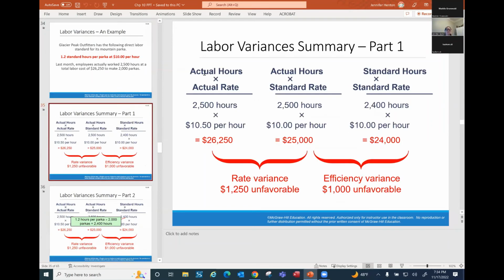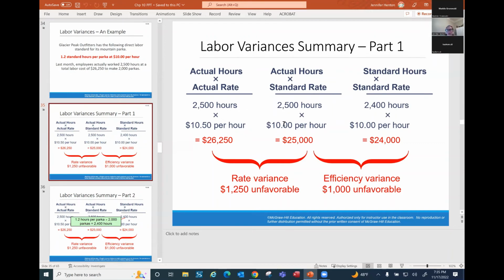All right, so what was my actual hours? They told me the actual hours was 2,500. What was the actual rate? We had a rate of $10.50. Well, where did that come from? We're going to have to look to see what was the total labor cost. It was $26,250, and we're going to have to divide that by the 2,500 hours that they actually worked to come up with the $10.50.